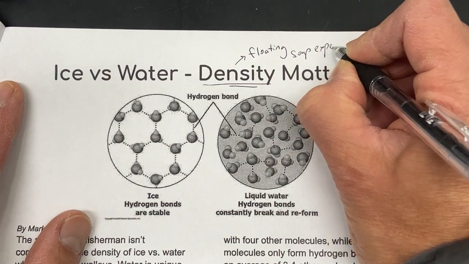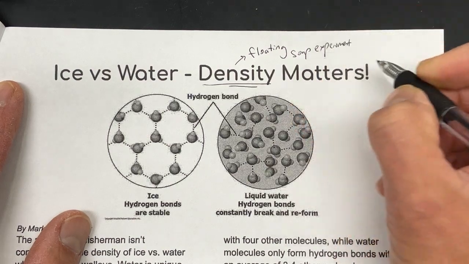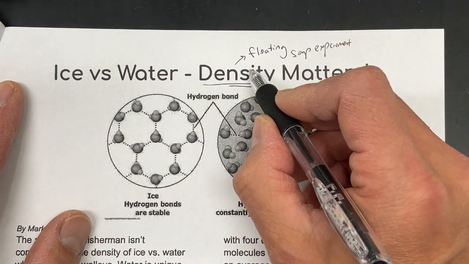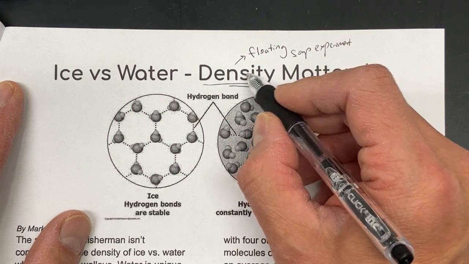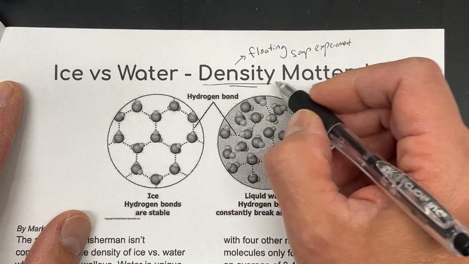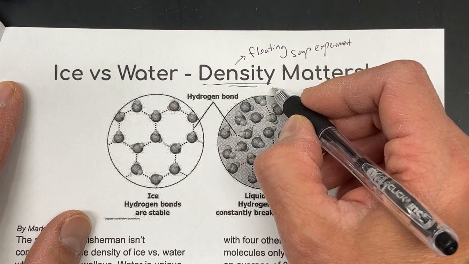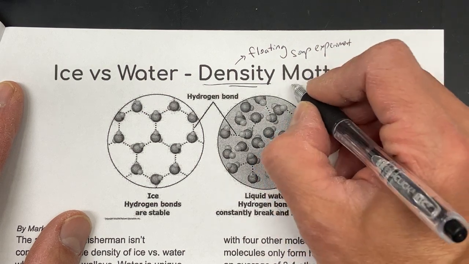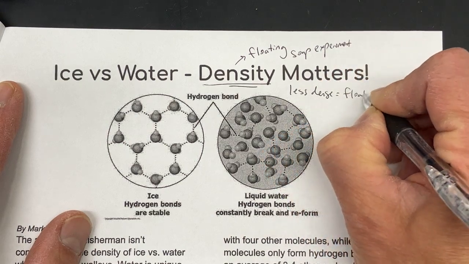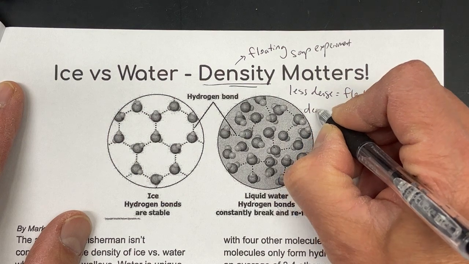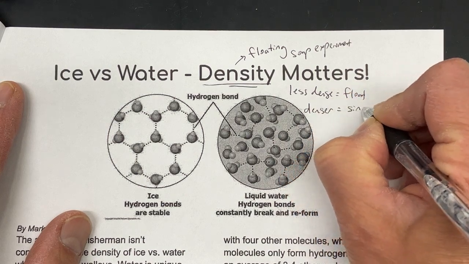I think it was, if something is less dense, it floats, and if it's denser than water, it sinks. So less dense was floating, and denser was sinking.